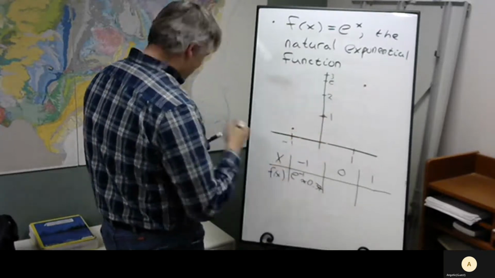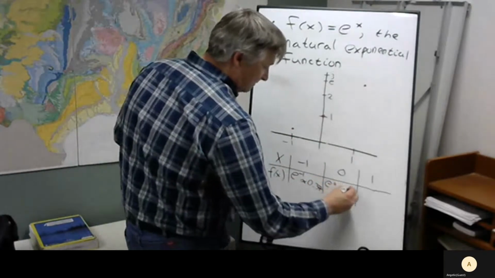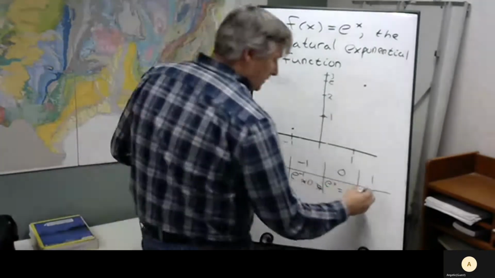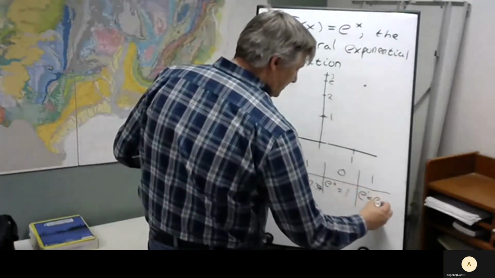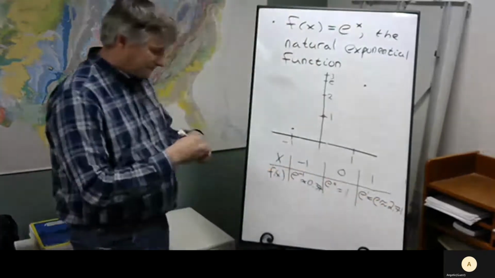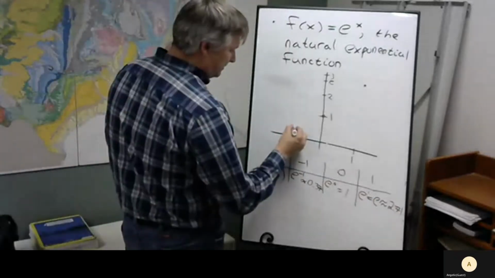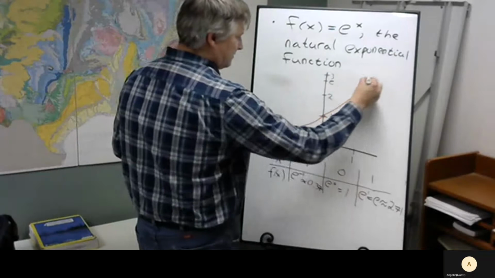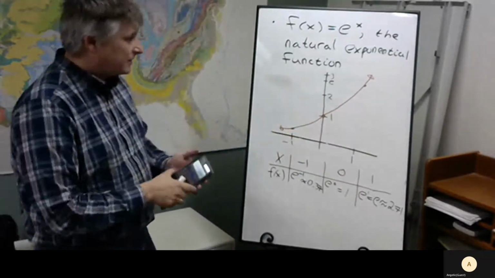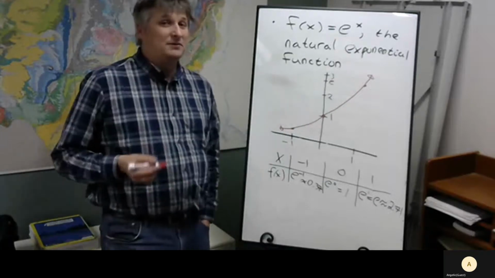We'll go right there. This will be e to the 0. Again, anything to the 0 that isn't 0 is 1. And then e to the 1, which is our e, and again, 2.71. If we connect our points, we're going to have something like that. So any questions about that?